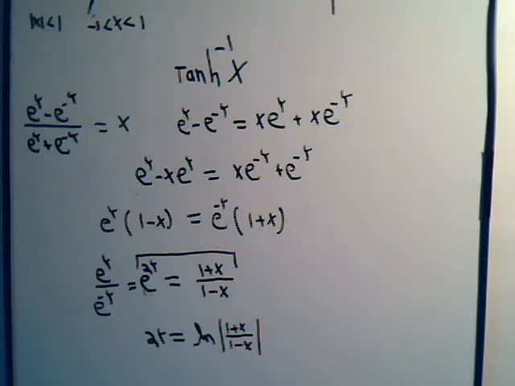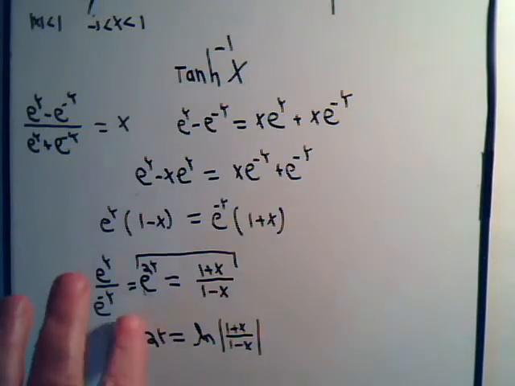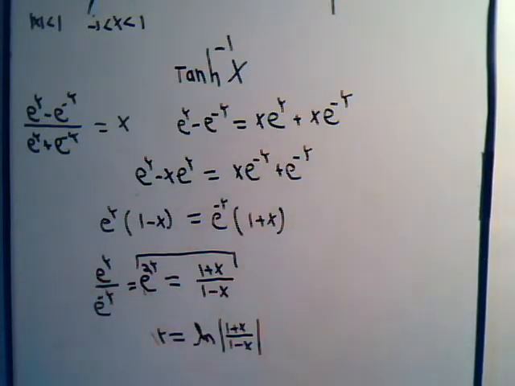And that's it. There's no quadratic formula involved because there's no quadratic expression. So we only get one value for 2y, and so we're only going to get one value for y, and that would be this.